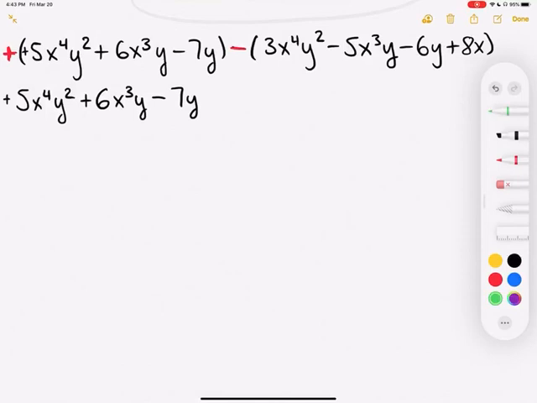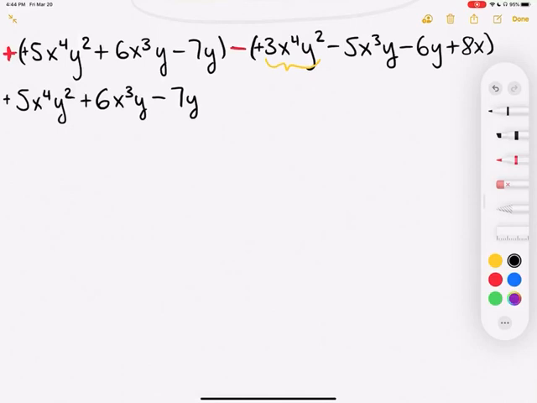Now for the second situation, if you have a negative sign in front of a parenthesis, this is the opposite of the positive sign. So that means that every single sign inside the parenthesis has to change to its opposite sign. So in this case, I have to define what my original signs are for every term inside the parentheses. So for the first term, the original sign of this 3 is going to be a positive.